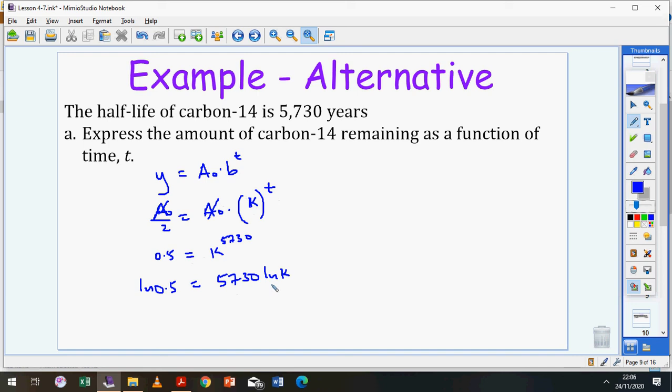Wait, what is happening? Yeah, so I should have been calling this b, not k. So this is b because it's a growth factor, right? B is the growth factor, so let me just keep that as b.